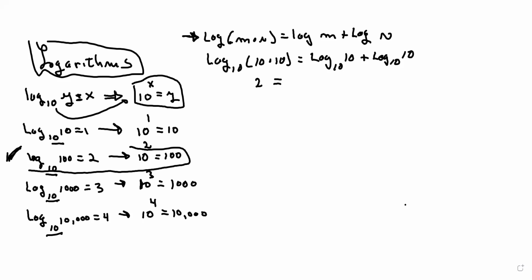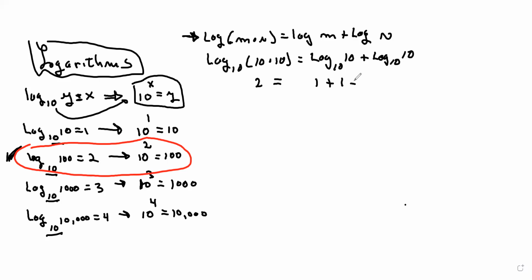So that's going to be 2. And over here, logarithm base 10 of 10 is 1 plus logarithm base 10 of 10 is 1, and that's equal to 2. So we see they match.